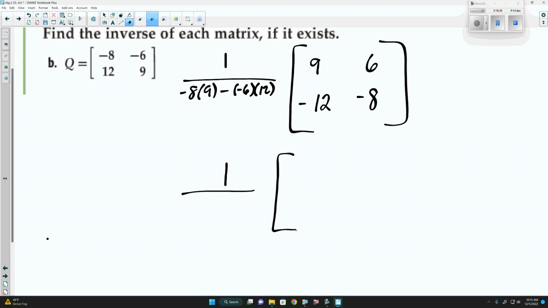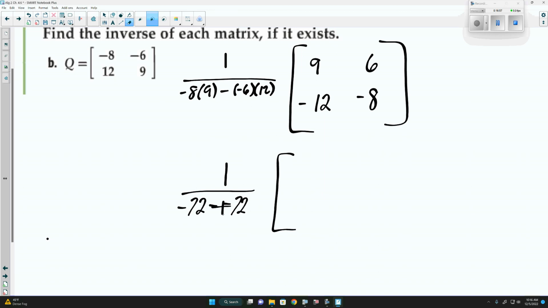We could do this in parts, or we can just plug the whole thing in the calculator. Negative 8 times 9 is negative 72, minus negative 6 times 12 is, I believe, also negative 72, yes? Yes, so indeed, this would be plus.